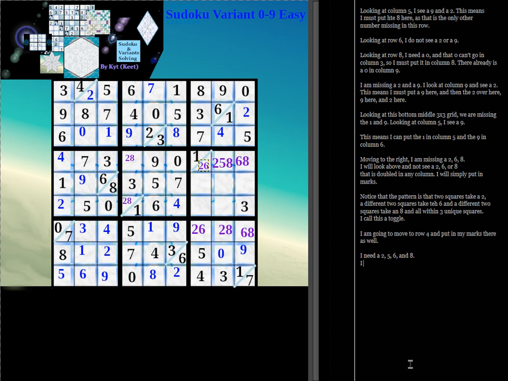Now I have another naked pair here with the 2, 6. Now this is way cool because this means that no other box can take a 2 or a 6 in column 7.